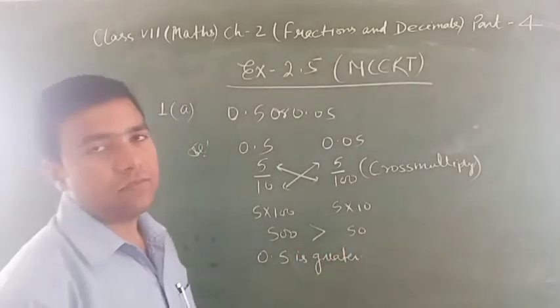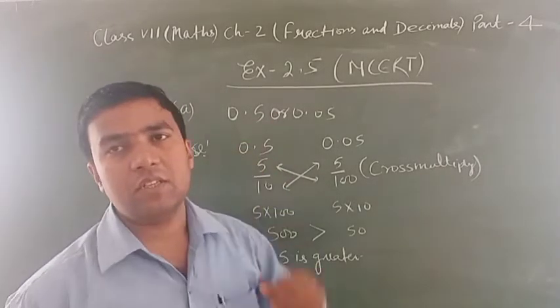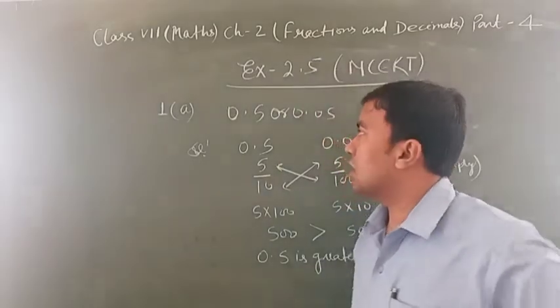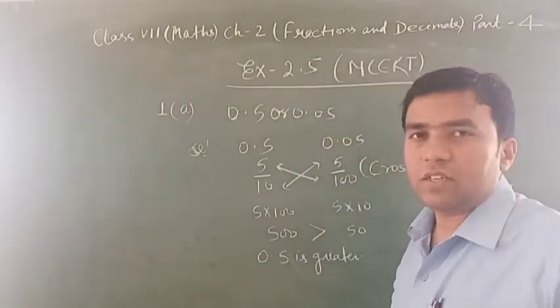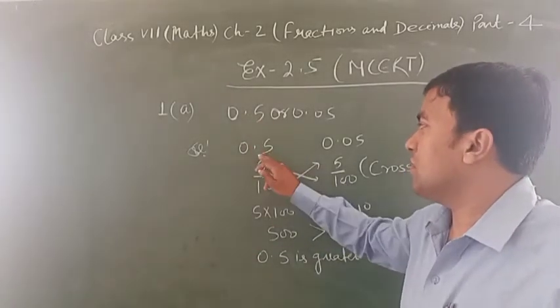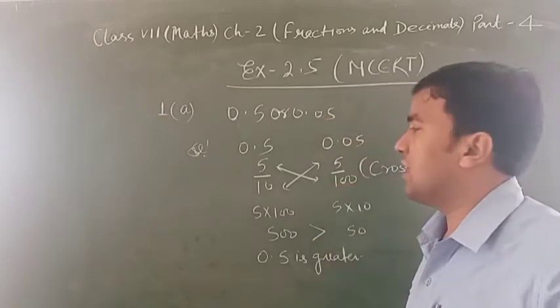If a number is given in decimal form, first of all you will remove the decimal, meaning you will change it into fraction form. 0.5 means 5 by 10, 0.05 means 5 by 100.